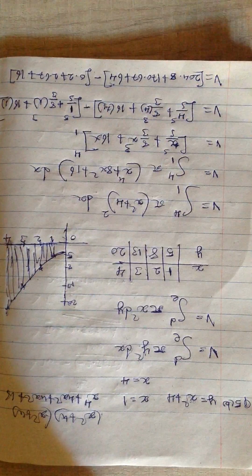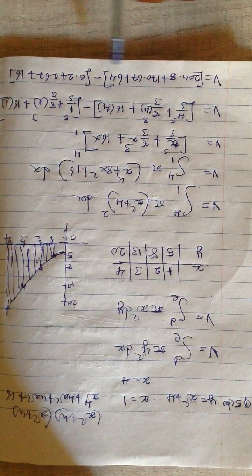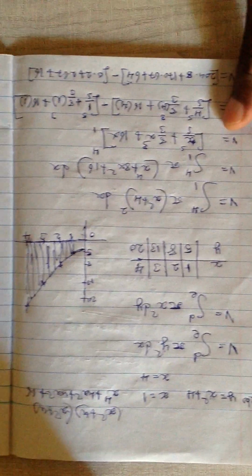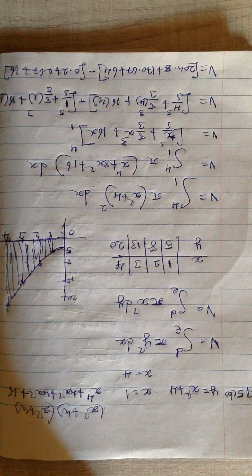So what next? Since you have these figures, what follows is that you add them, and the total that you find, you substitute from this point. So we are going to have V equals to the previous figures we had. What is 204.8 plus 170.67 plus 64?